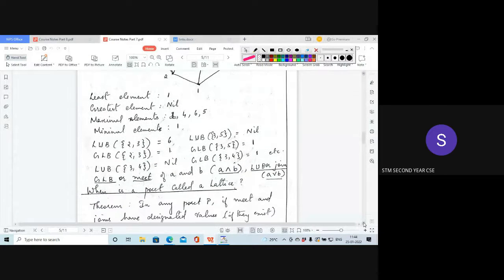Another point that we should note here in a lattice is that the GLB is the greatest lower bound. The GLB is also called meet, and it is represented as A and B. Suppose you have this figure.